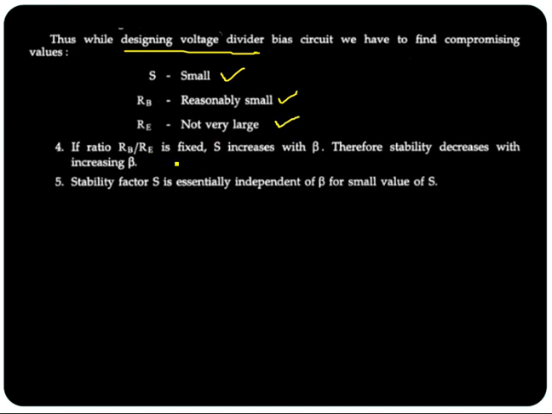So if RB by RE is fixed, S increases with beta. Therefore, stability decreases with increasing beta. So S has to be made independent of beta. So for small values of S, it is independent of beta. So if somehow this design makes S equal to 1 plus beta by 1 plus beta, equal to 1, then it is fine, isn't it?